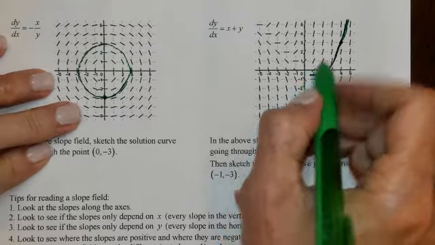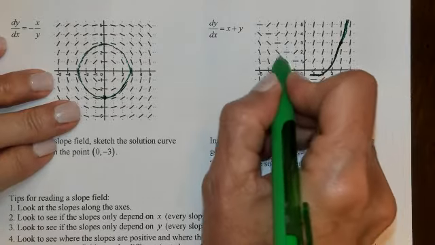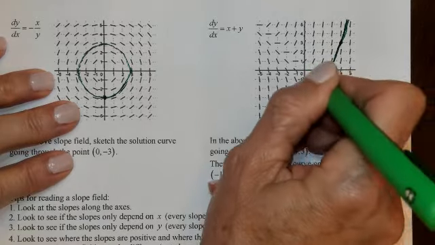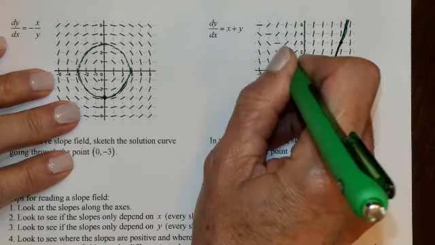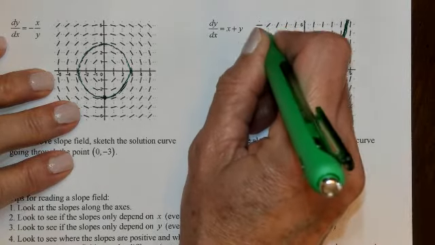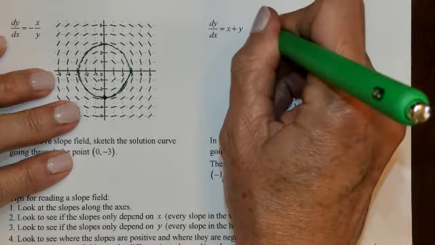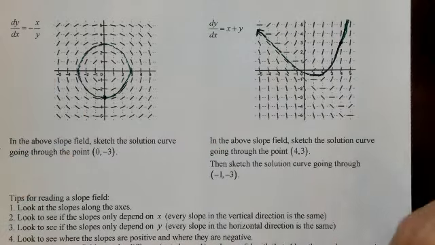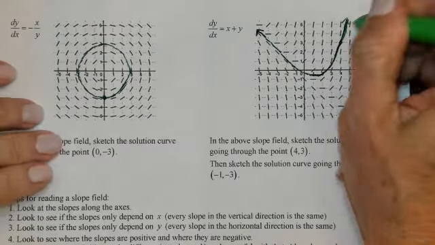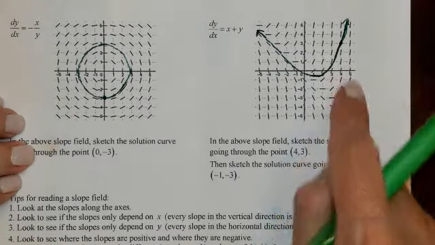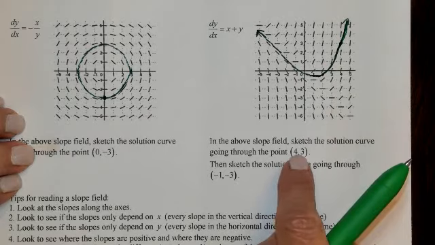And then it looks like I have an asymptote there. It gets closer and closer and closer to that line. It may even be on it. I don't know. I'm thinking not. So that would be a sketch of the particular solution that goes through that point.